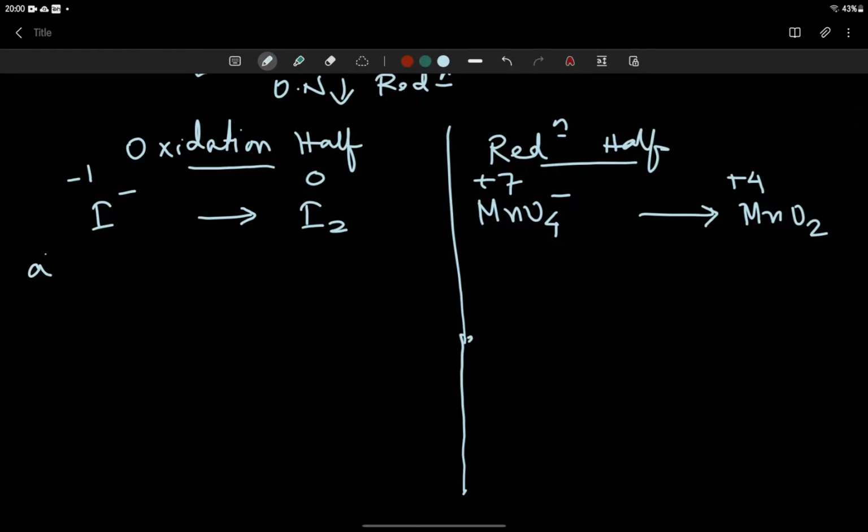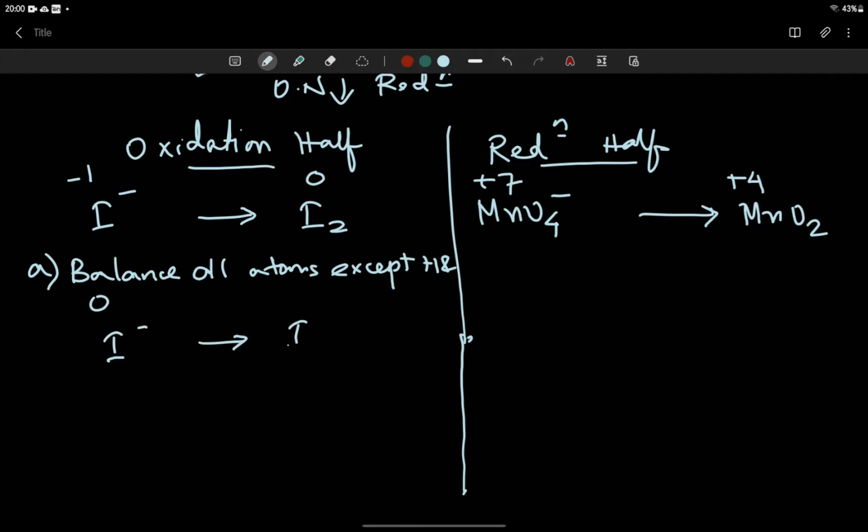First, balance all atoms except hydrogen and oxygen. Here I have 2 iodines in the product side, but in the reactant side I have only 1 iodine. So to balance it, I will put 2 over here.